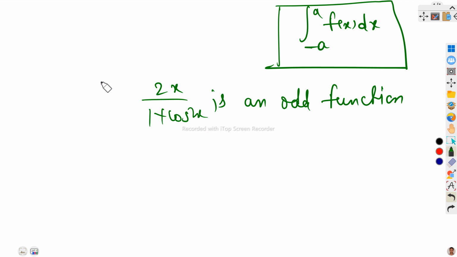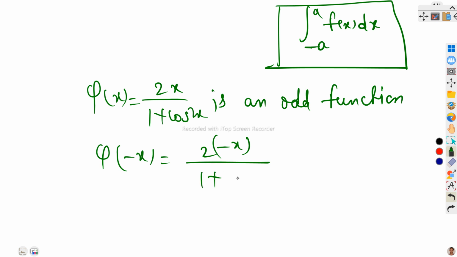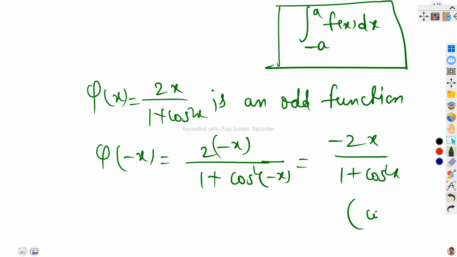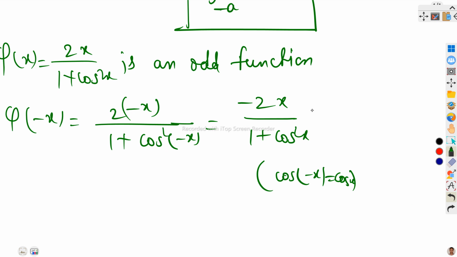If we take phi(x) equals 2x upon 1 plus cos²x, then phi(minus x) equals 2 times minus x over 1 plus cos² of minus x, and cos of minus x is cos x, so this becomes minus 2x upon 1 plus cos²x. Since cos of minus x equals cos x, this function becomes minus phi(x). So phi(x) is an odd function.